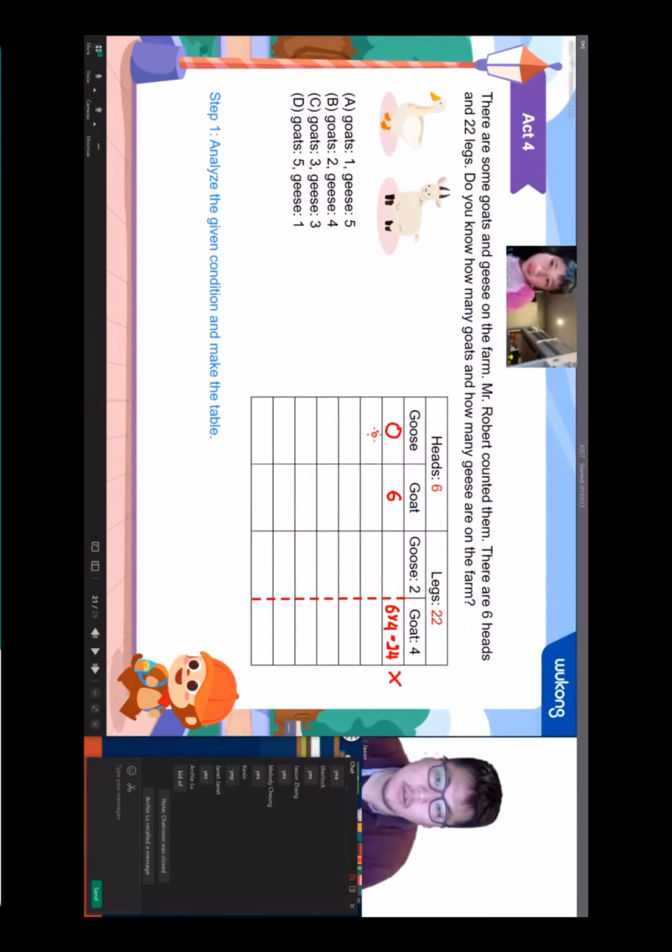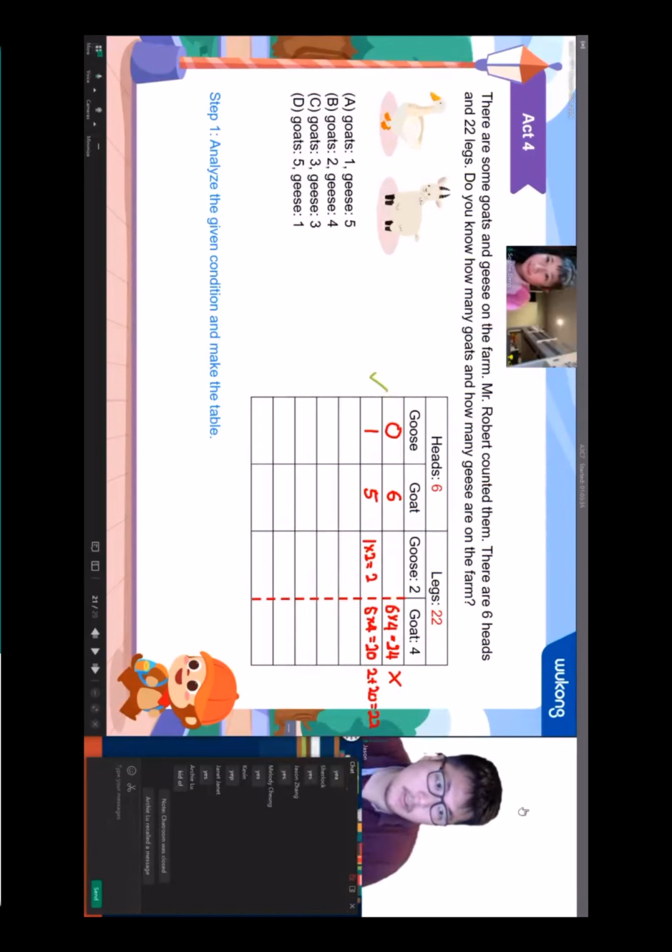Now 1 and 5. So 1 times 2 equals 2, and 5 times 4 equals what? 20. So 2 plus 20 equals 22. Okay, so this works.